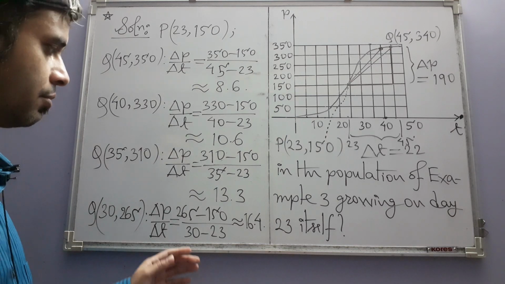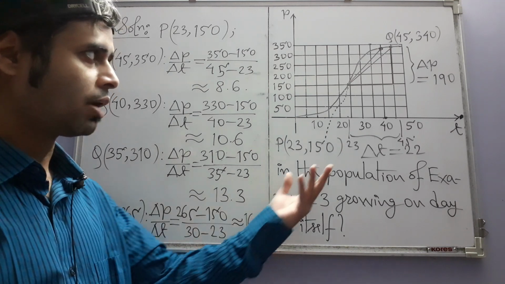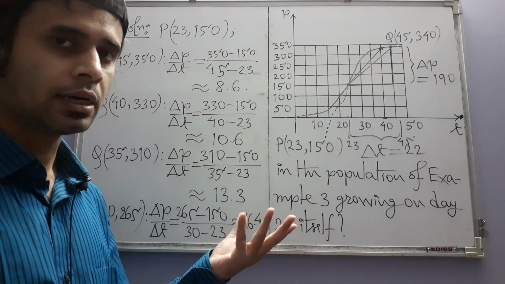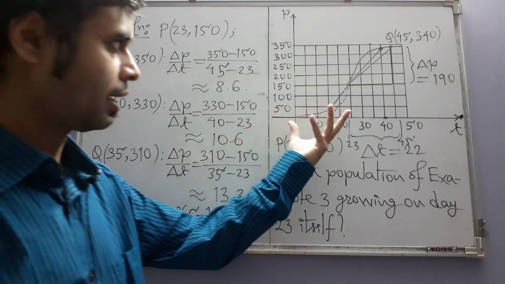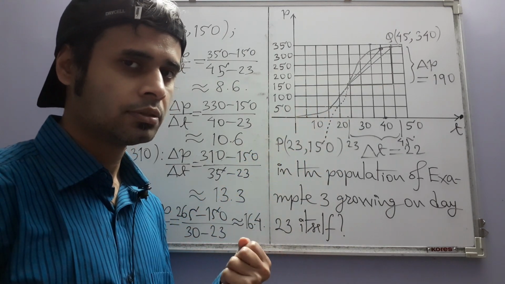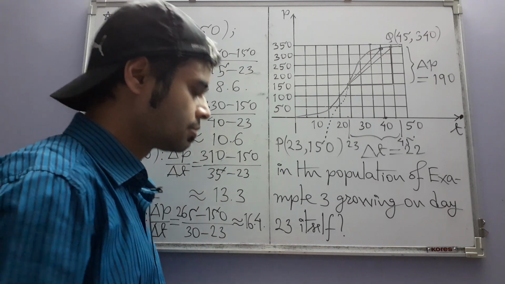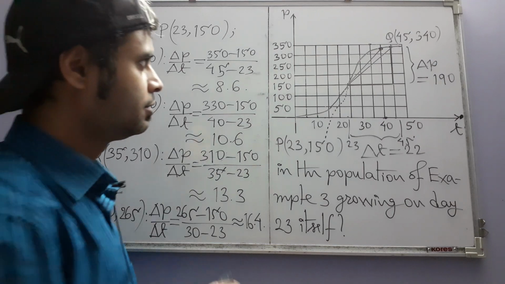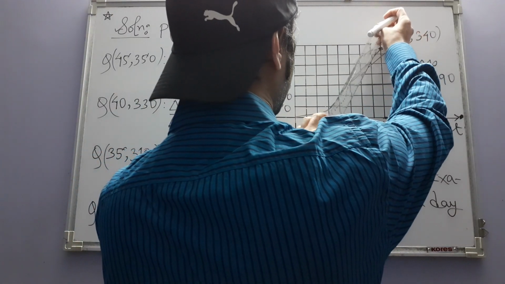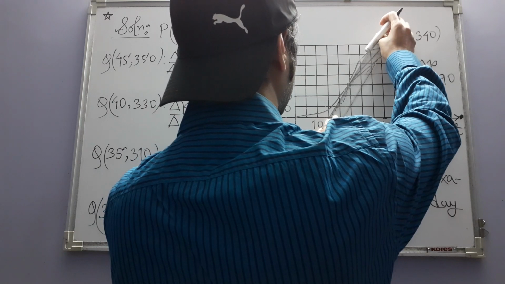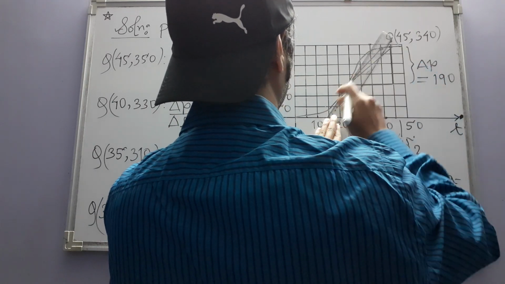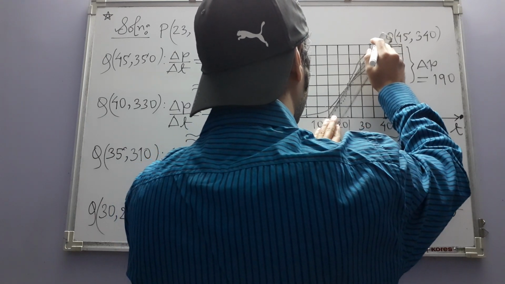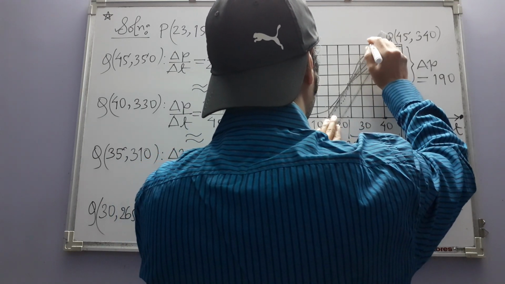Now if one does this not just for these 4 values but several more values, using the actual graph that is given in the text, then one eventually will see that these secant lines are approaching the tangent to this curve at this point, which turns out to be roughly this line.